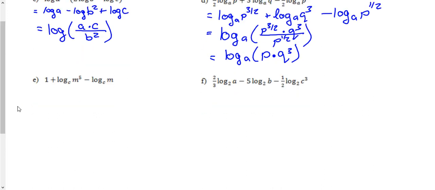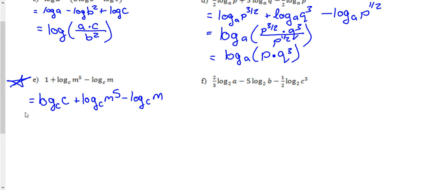E is a bit of a tricky one. I'm going to put a star next to E just because we have a number in this case. Again, we still want to combine everything together, but what does this number really mean? Let's rewrite this. Our base is C, so this is log base C of C. That's what 1 is. Log C of C, a special case, is equal to 1. Everything else I'm just going to copy down the same. So log C of m exponent 5 minus log C of m.